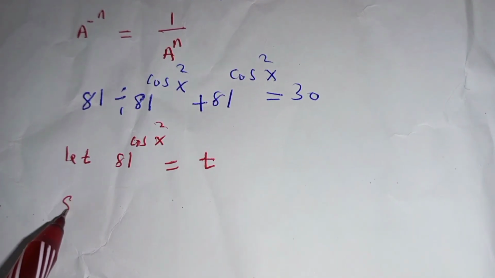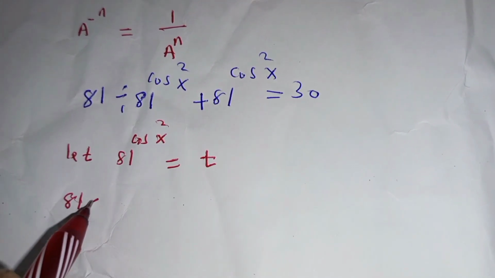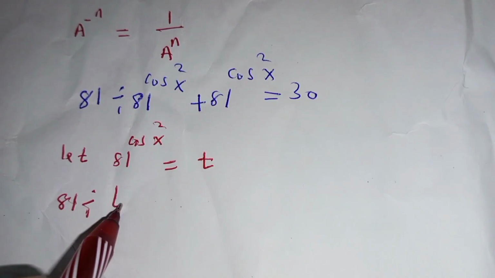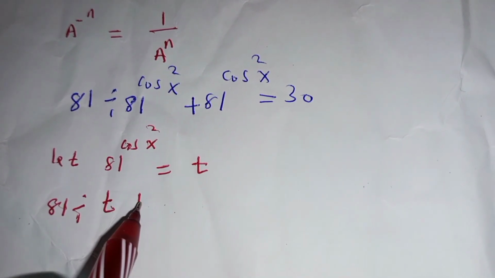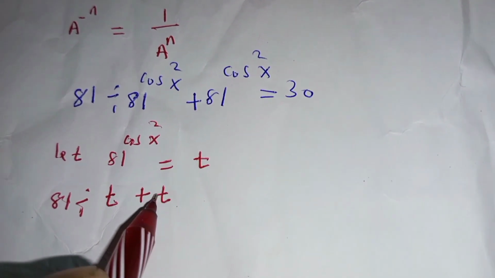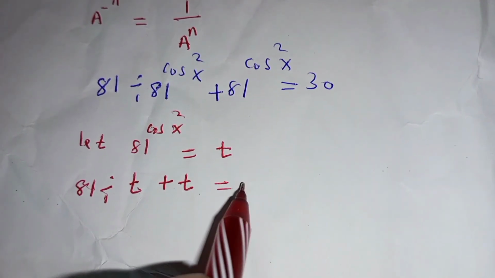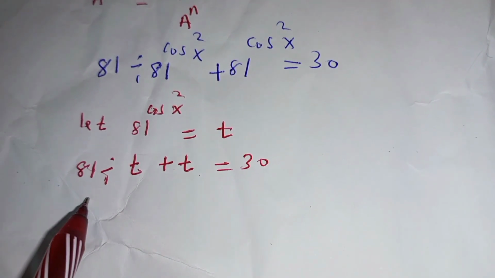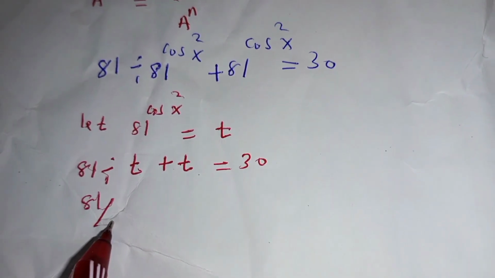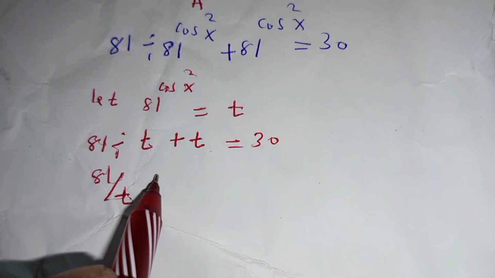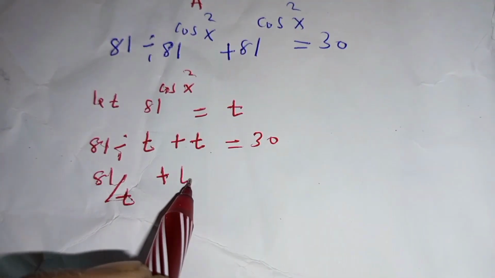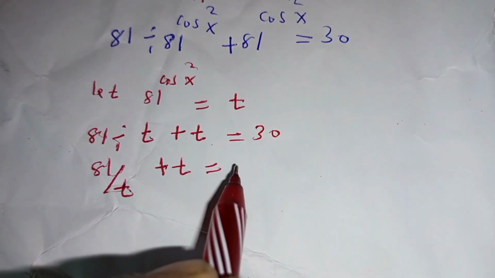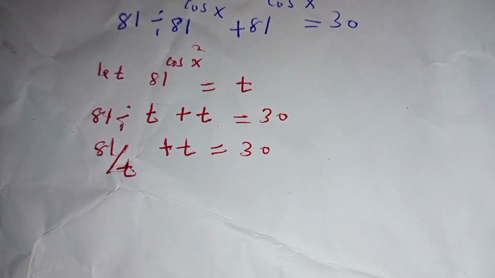So substituting, we shall have item 1 divided by t plus t. This one is equal to that. So we have item 1 over t plus t. This is equal to that.